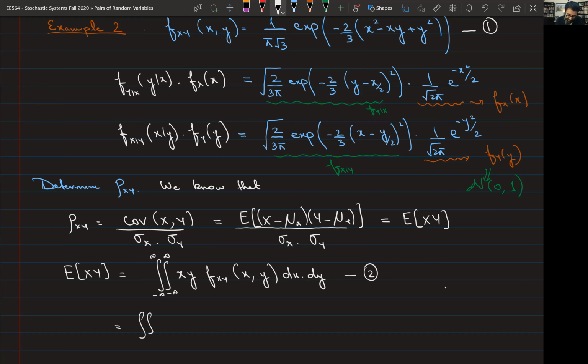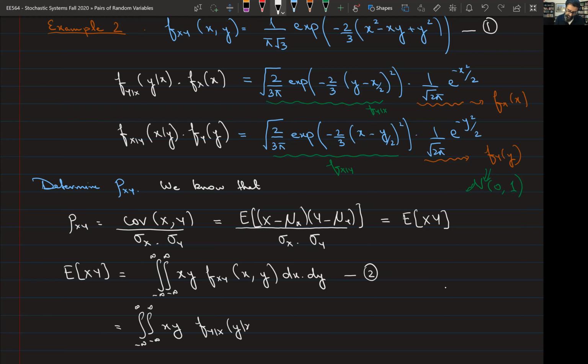So I have this double integral. I have xy, and let me replace the joint probability density function as a product of the conditional times a marginal. I could use either one of the two expressions up above.